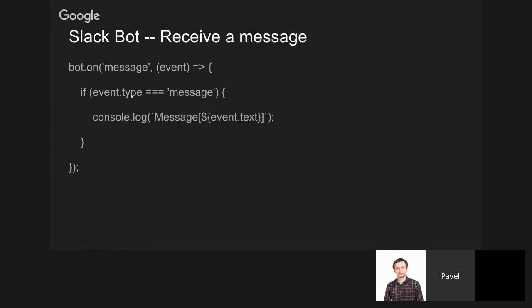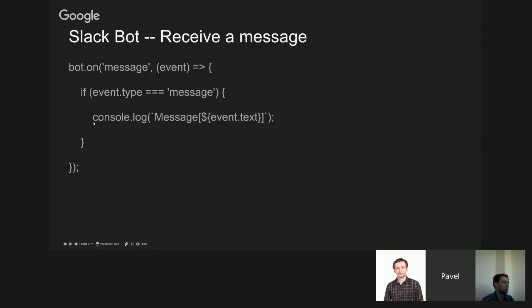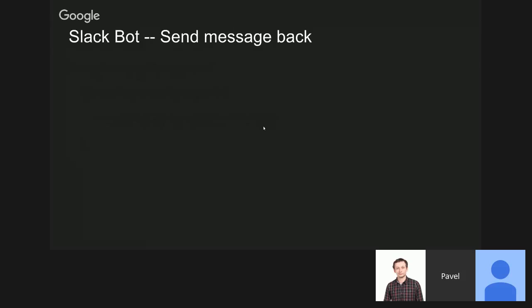There are different types, but now we will concentrate on type equal to message. This means that somebody sends us a message, and using such a construction, when someone sends a message to our Geek-Solutions bot, we will see the message text in the console. So this is one part.